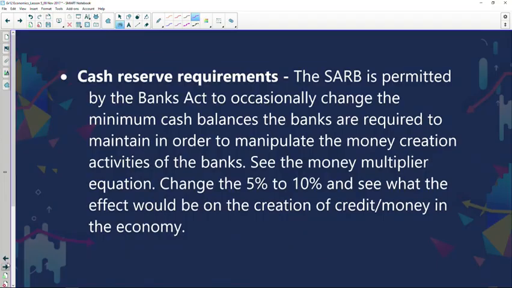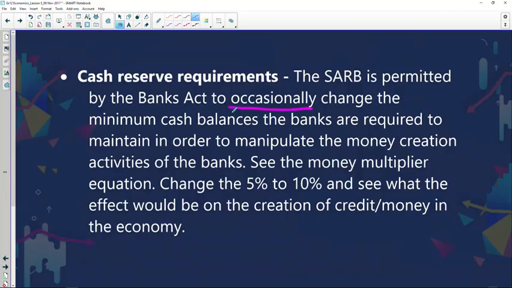So occasionally the South African Reserve Bank will permit banks to change the minimum cash balance that they are required to maintain, because they want to be in a position where they can generate more money in the economy. This doesn't happen quite often, hence we emphasize the word occasionally. It doesn't happen quite often that the Reserve Bank will make this decision.